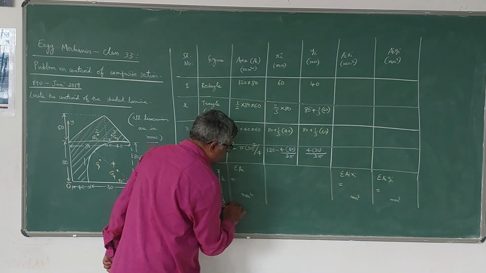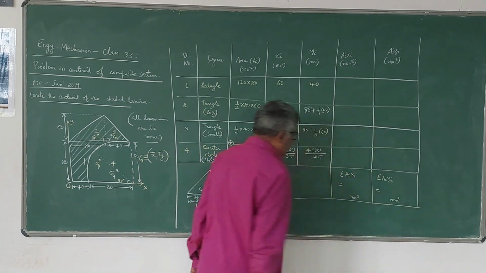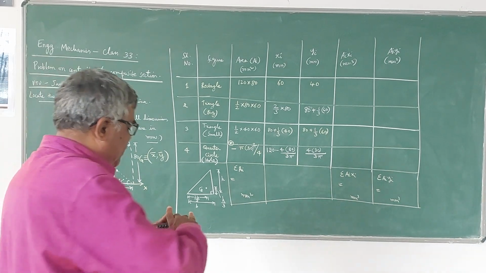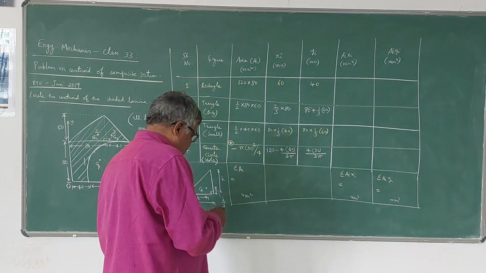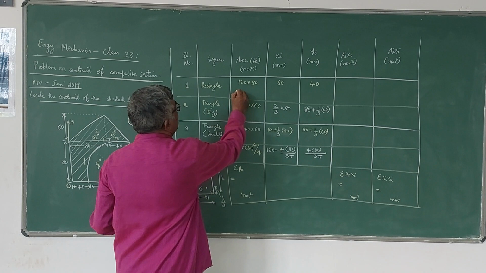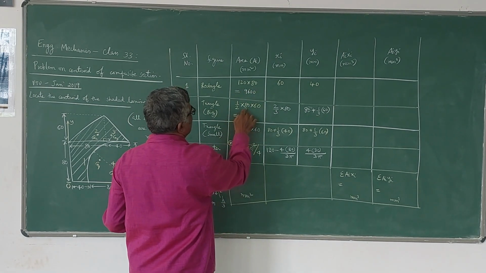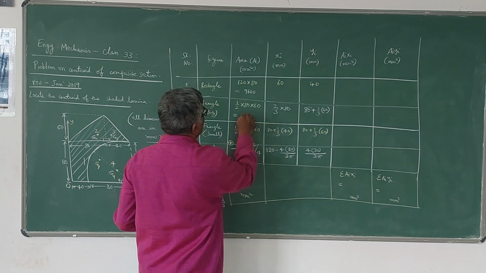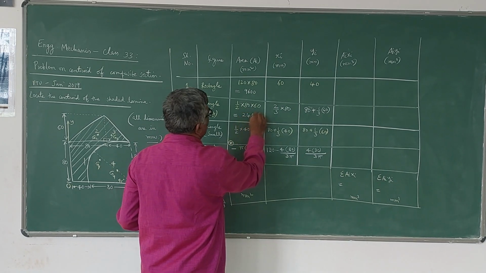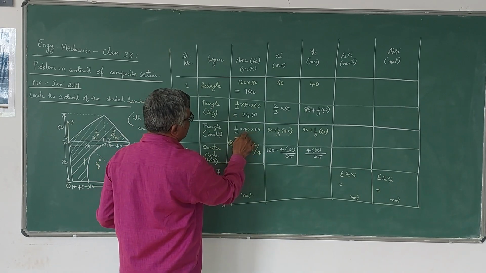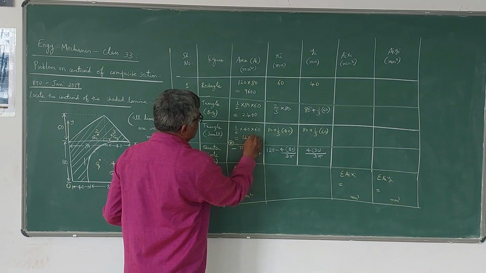Once you complete this table, then using the formula, you can find x bar and y bar. Now let me write the values. Here the first area is 120 into 80, that is 9600. Here it is 80 into 30, that is 2400. Here it is 2400 divided by 2, which means 1200.